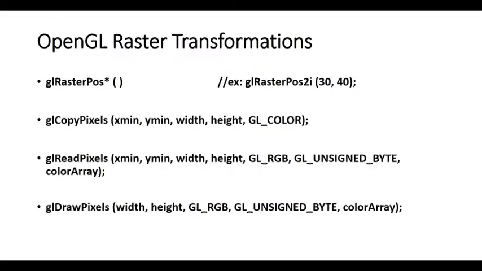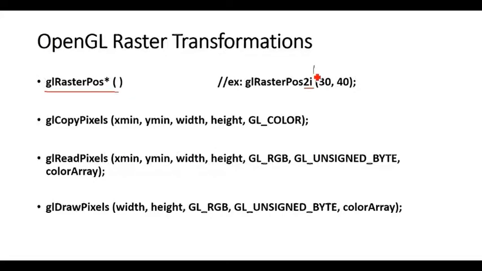Now, the raster methods, how to do them, we discussed. But what are the OpenGL functions that we would use? Before we go into the OpenGL functions, we will look at this specific function called glRasterPos*. The star can be 2f, f or 2i.